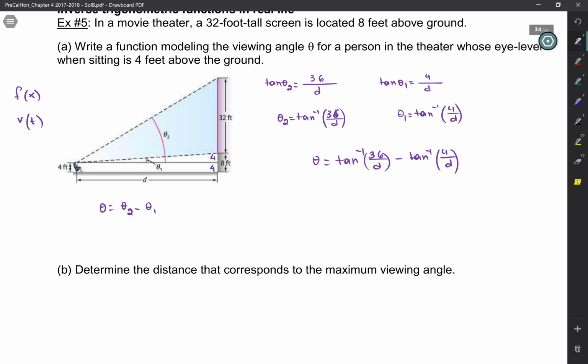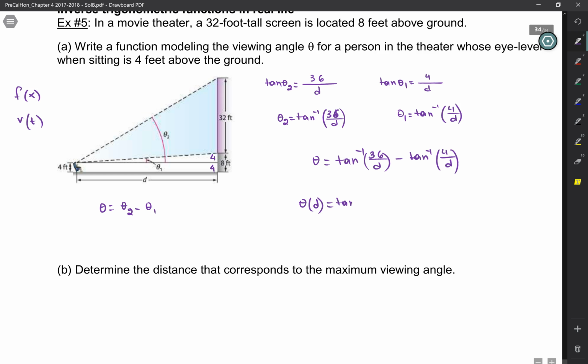Here, my function is theta, and my variable is d. So I can very well say theta of d. Okay, so v of t, f of x, theta of d is equal to inverse tangent 36 over d minus inverse tangent 4 over d. So that is my theta.